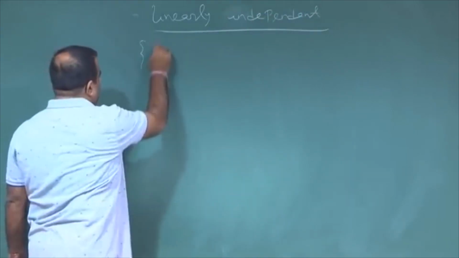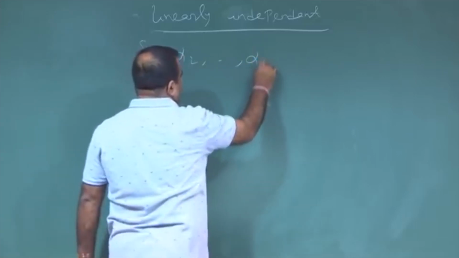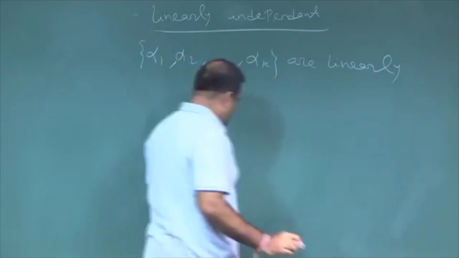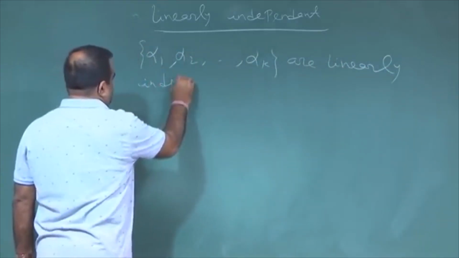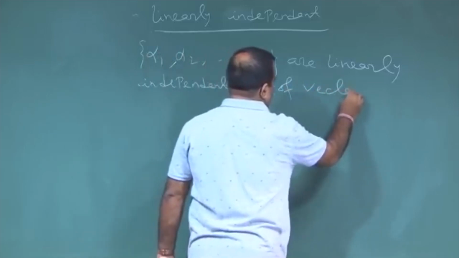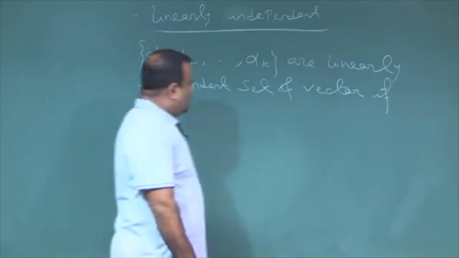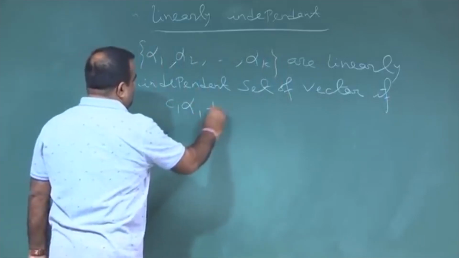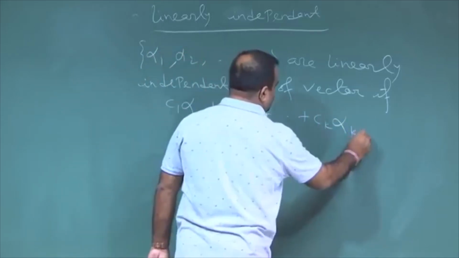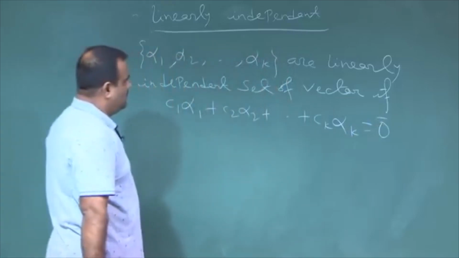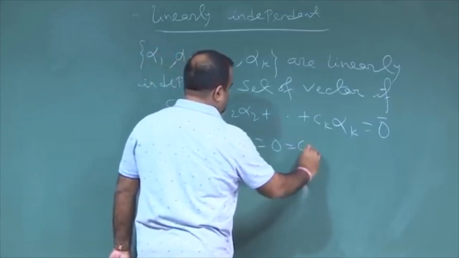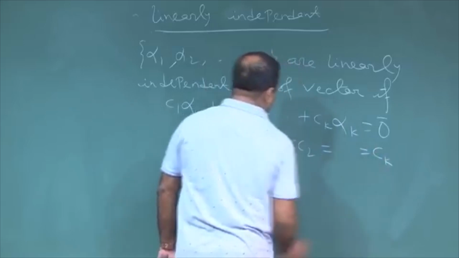We say this set alpha 1, alpha 2, ..., alpha k is a linearly independent set of vectors if c 1 alpha 1 plus c 2 alpha 2 plus ... plus c k alpha k is the 0 vector, then all the c i's must be 0.